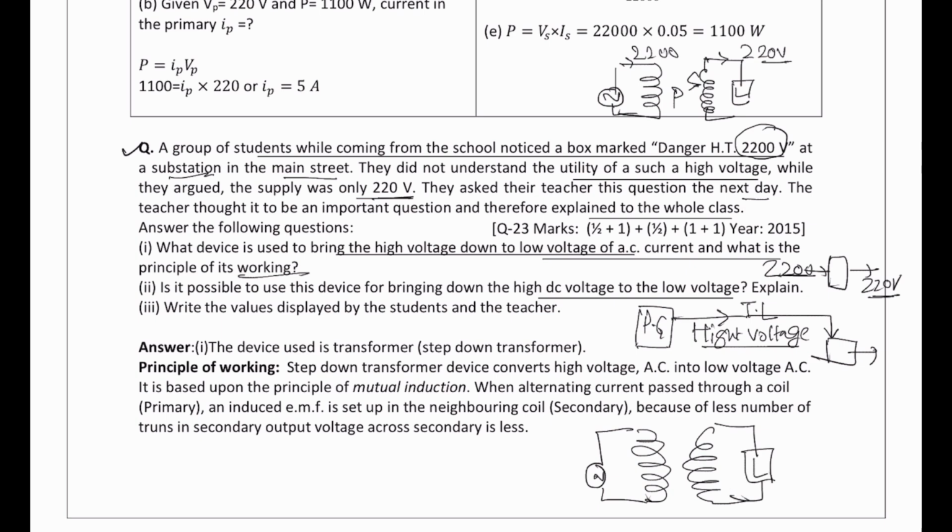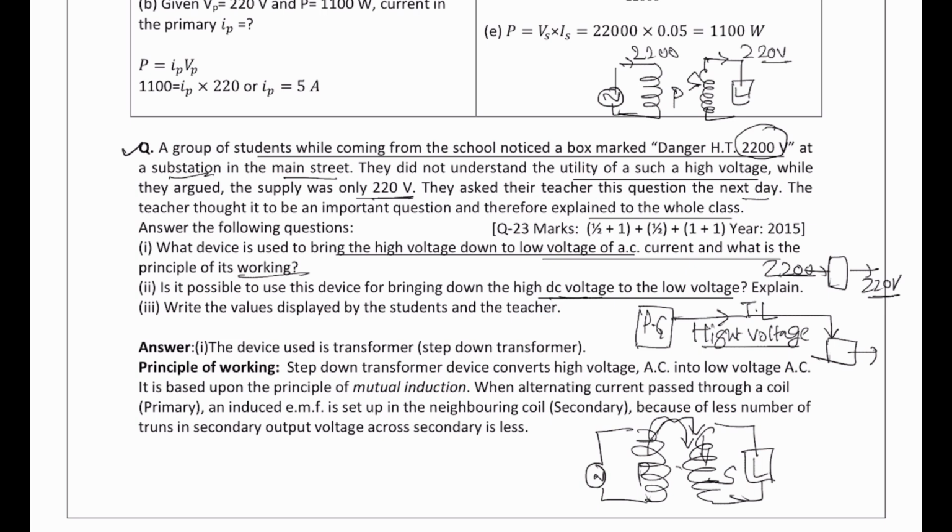The magnetic lines of force should cut the plane of the secondary coil, and the number of lines of force should vary with time. In case of AC, both conditions are satisfied: the magnetic lines of force vary, changing with time as well as cutting the plane of the secondary coil.